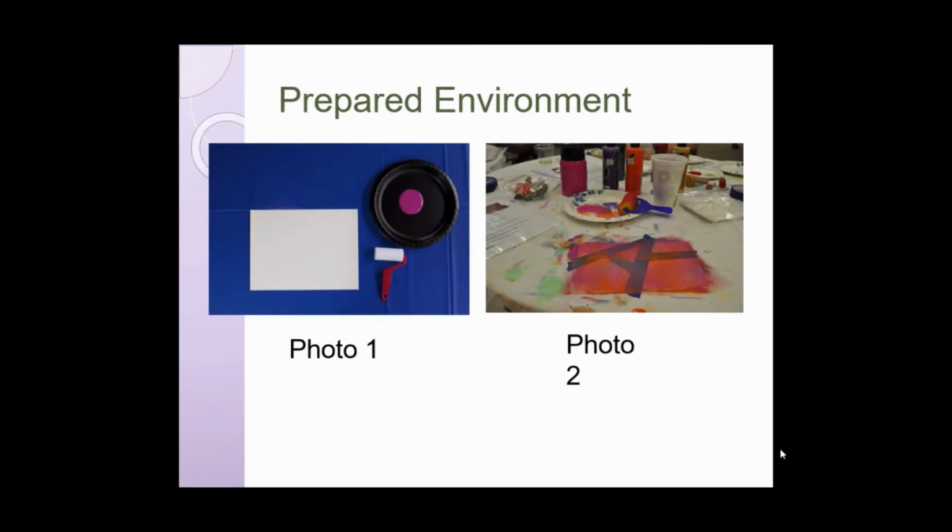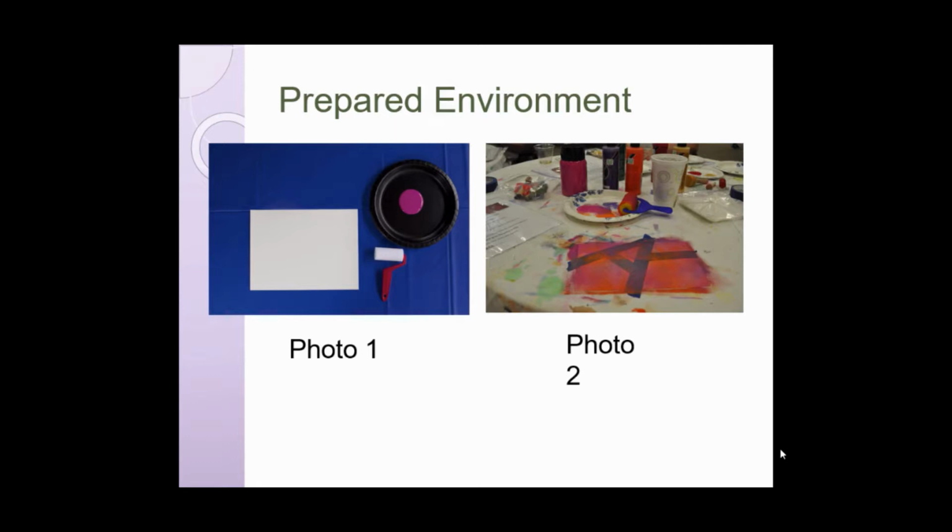So here are two examples of the environment. Think about what differences you see in these two photos and which environment you think would be more appropriate for someone with dementia. In photo one, it's clutter-free.